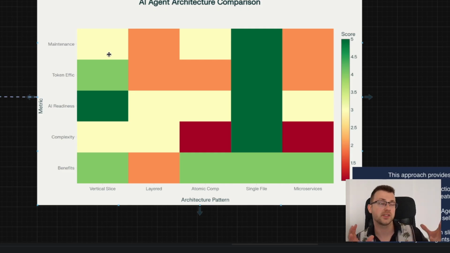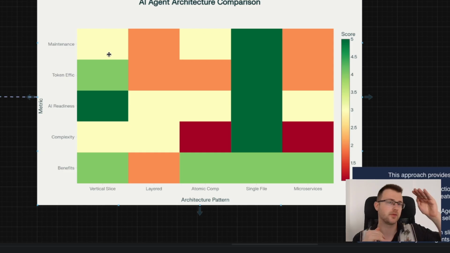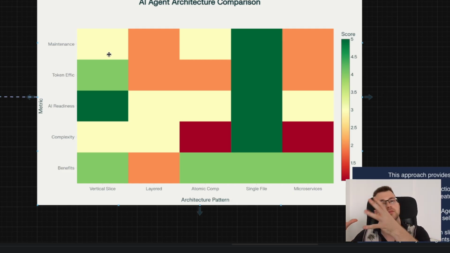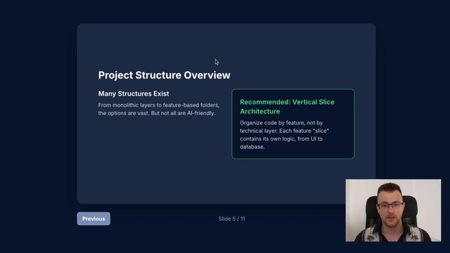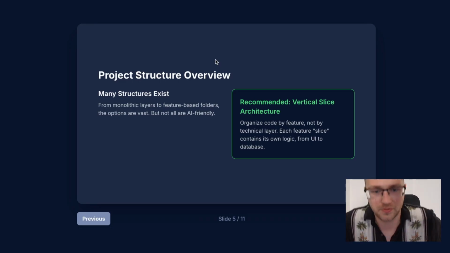Let's say you have locations, one folder with everything, with models, with services, views, whatever it is, everything is there. Then you have another one with customers, let's say, another one with other stuff. So you're basically grouping them into slices, slices of features.